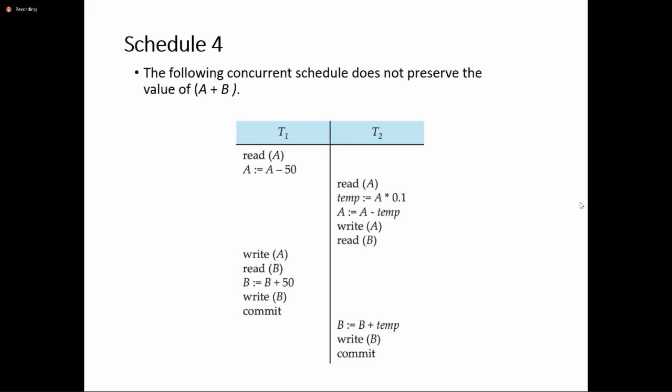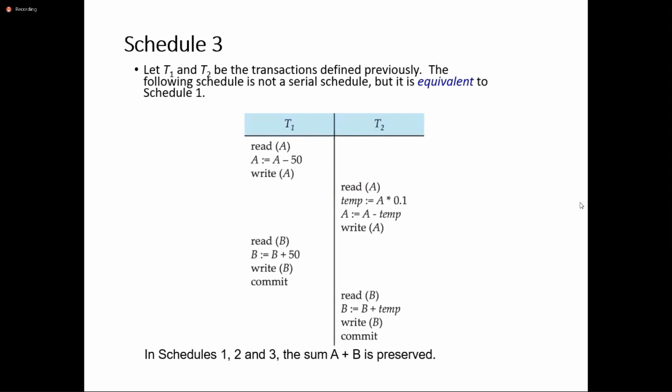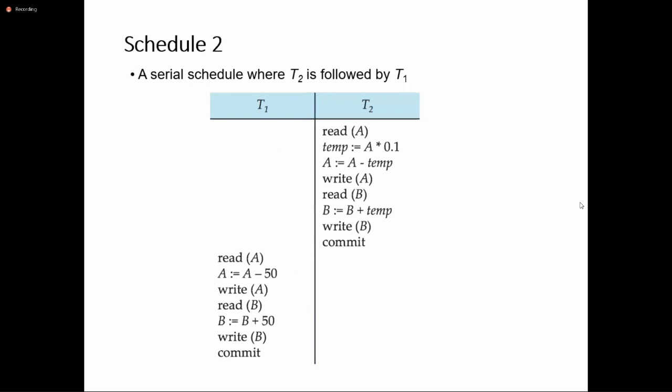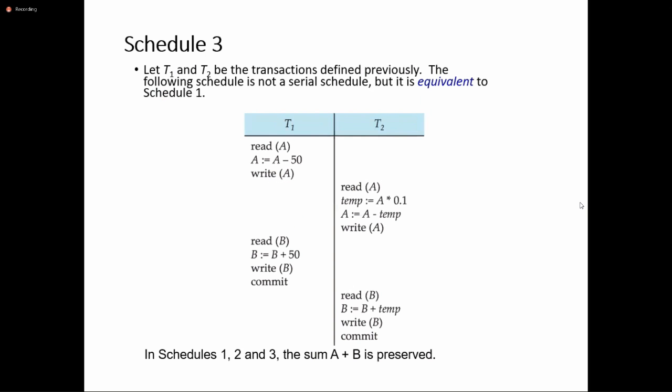Some are serial schedules, but the last one is not a serial schedule. These three schedules are okay. These two are serial, but this one is also equivalent to schedule 1, though not a serial schedule; it is a mix-up.